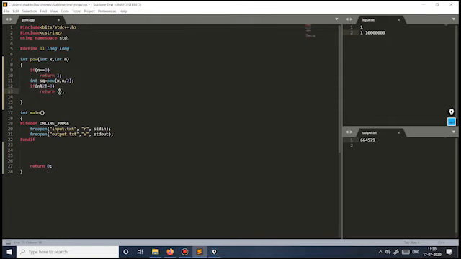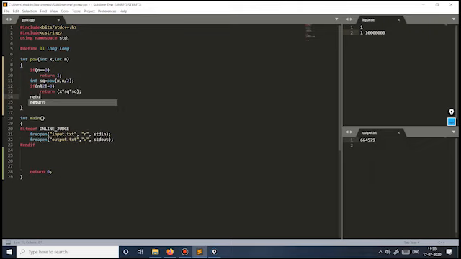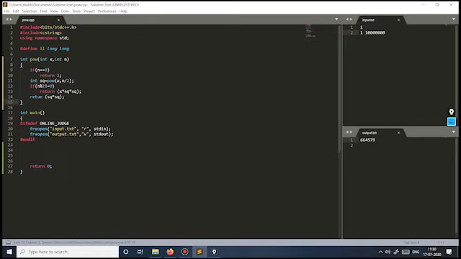That would be x into sq into sq. Whereas if n is even, we will simply return sq into sq, because we do not need another x over here. Alright, so I think we are through with this.